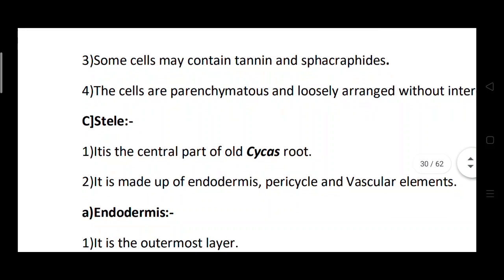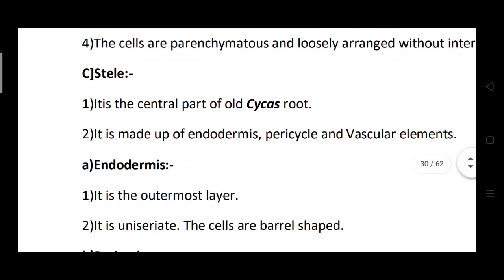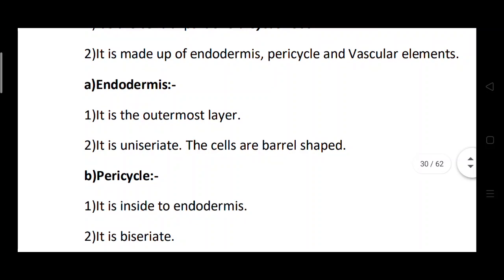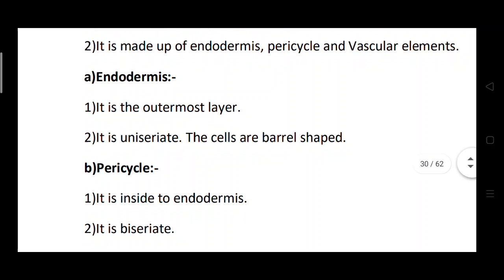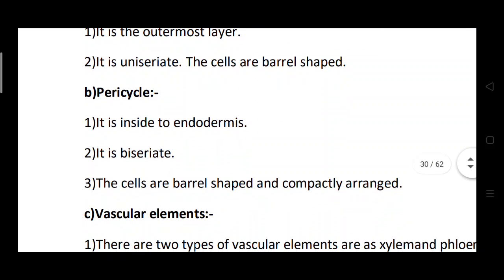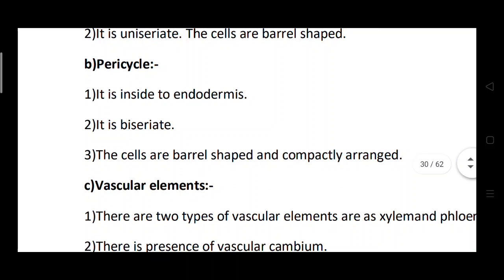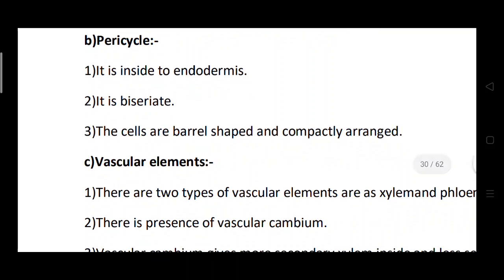Then in the stele, the central part, there are the endodermis, pericycle and vascular elements. The endodermis is the outermost layer, a single layer of barrel-shaped cells. The pericycle is next to the endodermis, made of biseriate barrel-shaped cells, somewhat smaller in size compared to the endodermis.